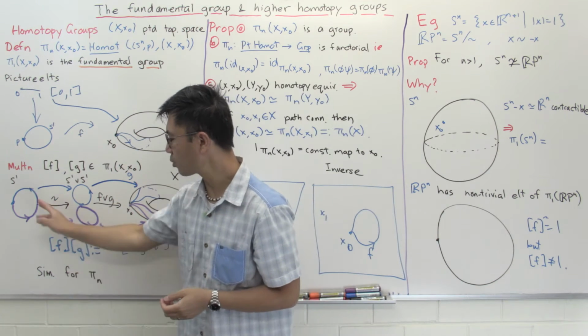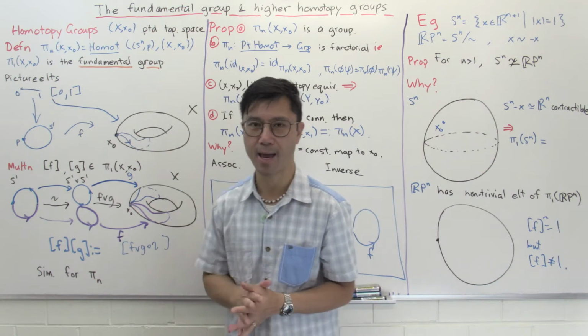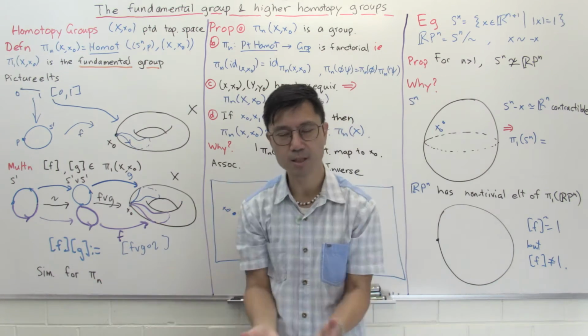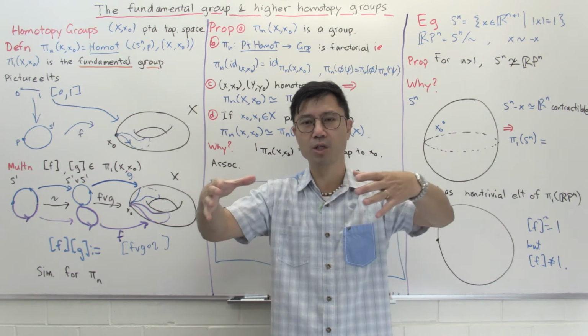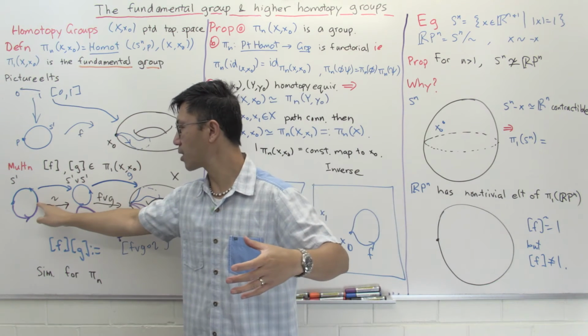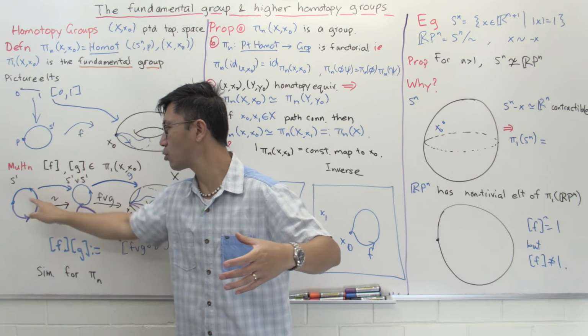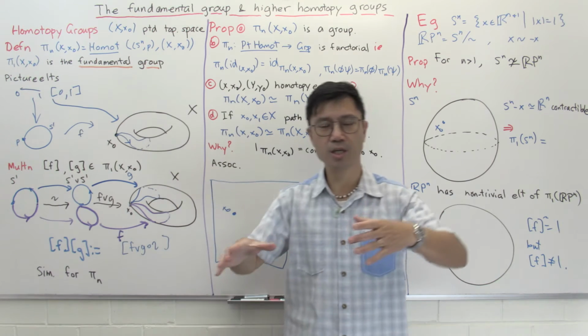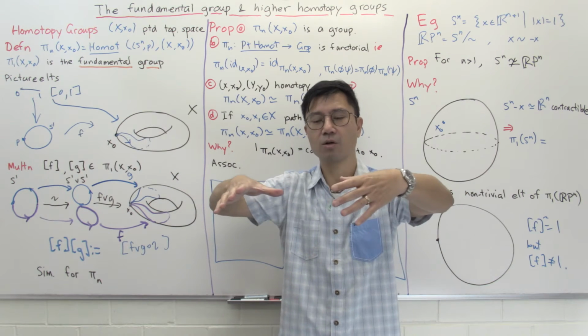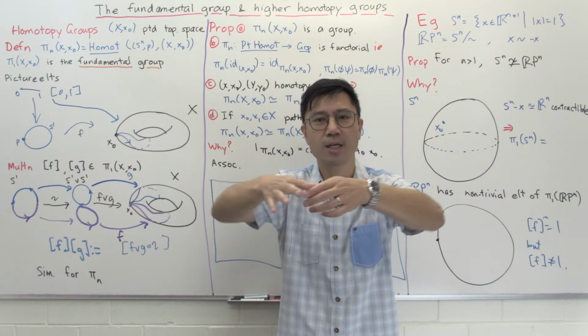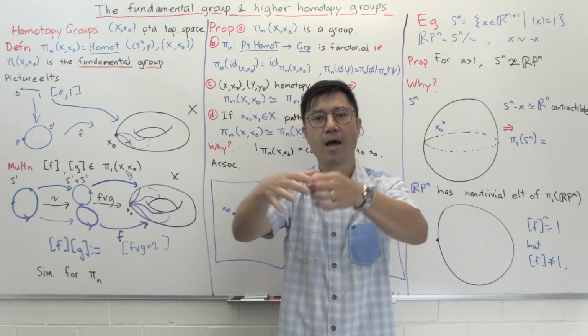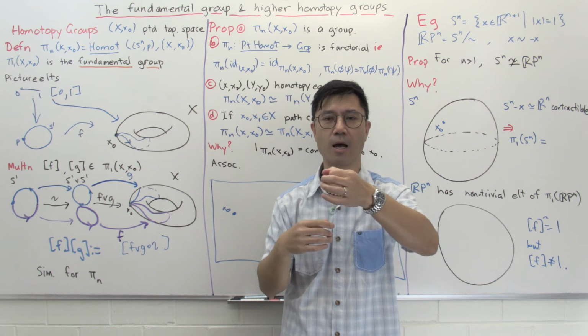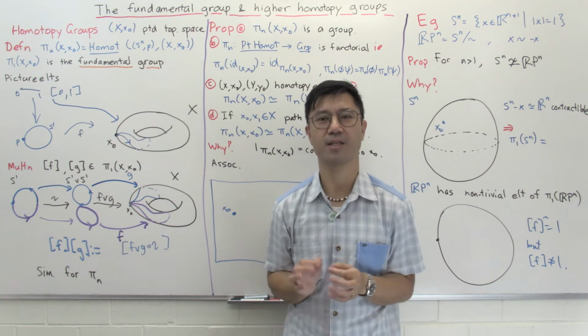So I've done this for S1, but there's a similar definition for pi n. If you have a sphere, let's imagine a two-dimensional sphere, what we did before was look at the point opposite the distinguished point and collapse it. Here you can look at the equator that contains that distinguished point, and collapse it to a point. Then you'll get two copies of that sphere wedged together at that distinguished point.